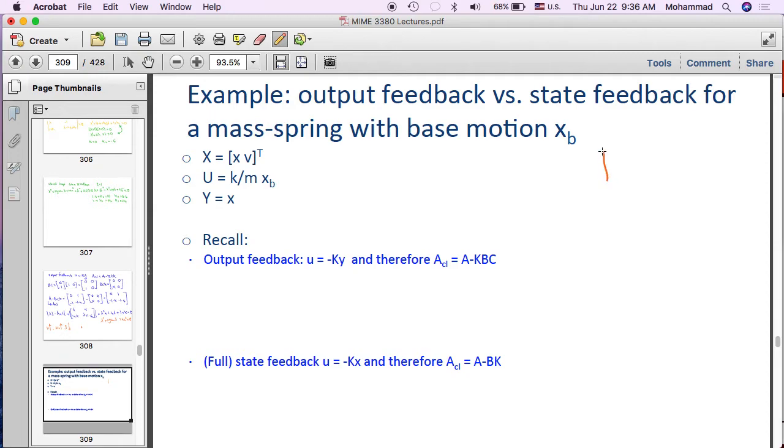Is that this is M. It is attached to a K for stiffness. And this is moving, so it's not stationary. So the displacement of the base is xb, and the displacement of the mass is x. And its velocity is v.